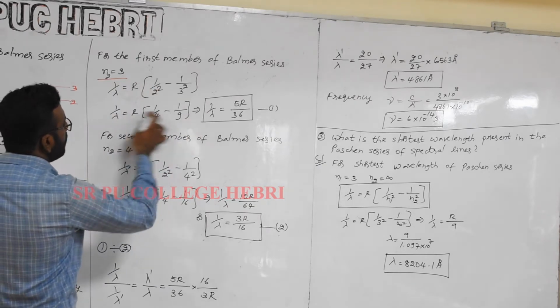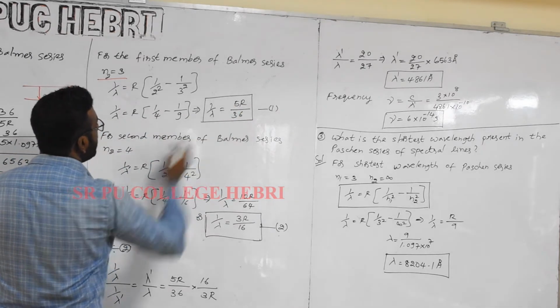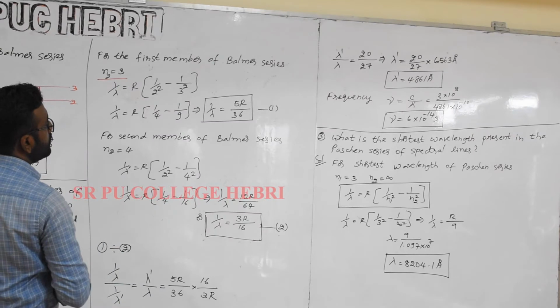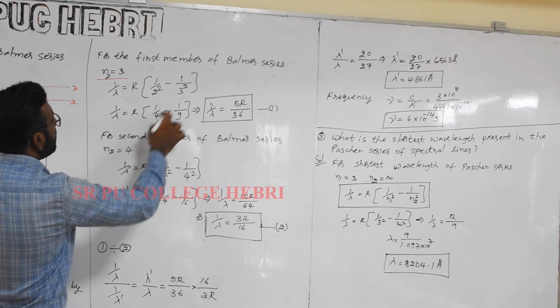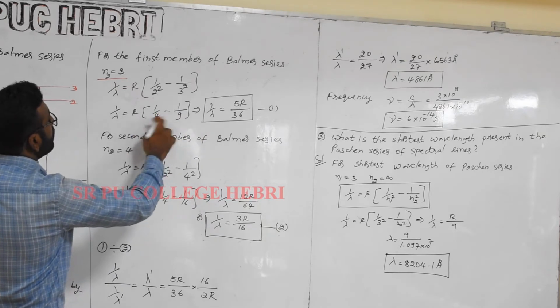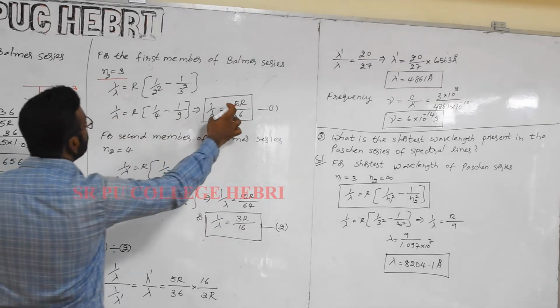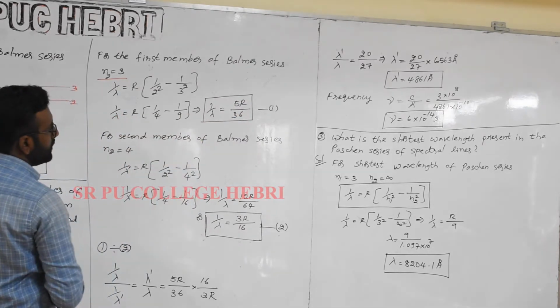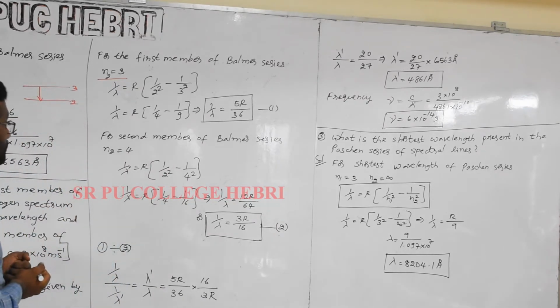Which implies 1 by lambda is equal to 5R divided by 36. Cross multiplication: 9 minus 4 is 5, and 4 into 9 is 36. So you get 1 by lambda is equal to 5R divided by 36. Take it as equation 1 and keep it with you.